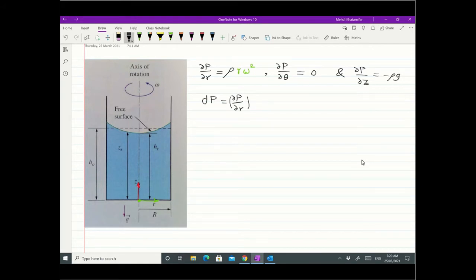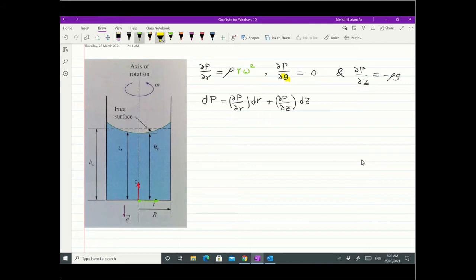So dp equals dp over dr times dr plus dp over dz times dz. As you can see, I didn't include theta because the acceleration we considered is going to be 0, so it is going to cross out from our equation.